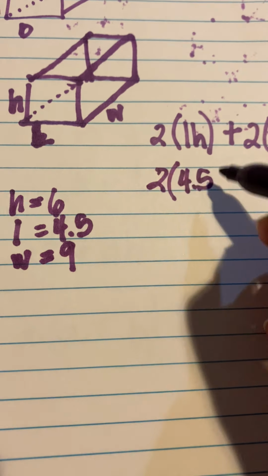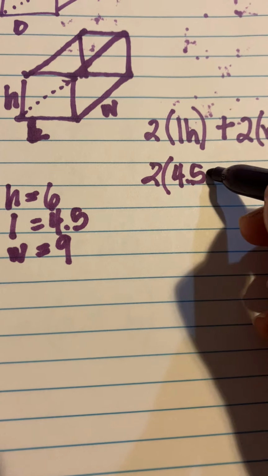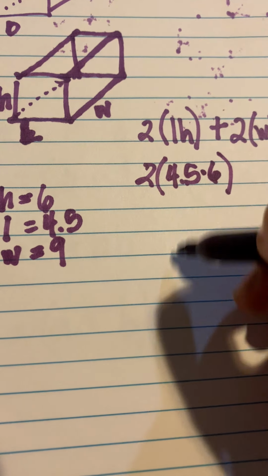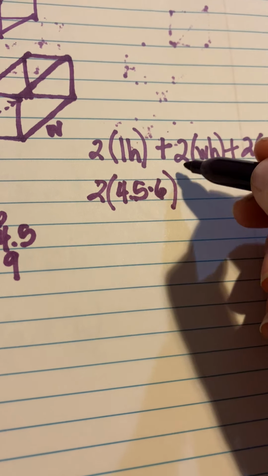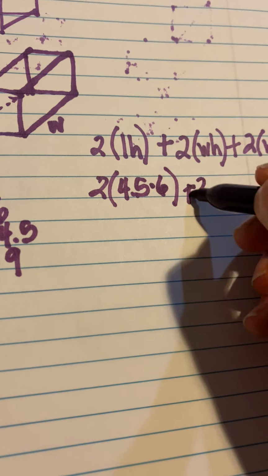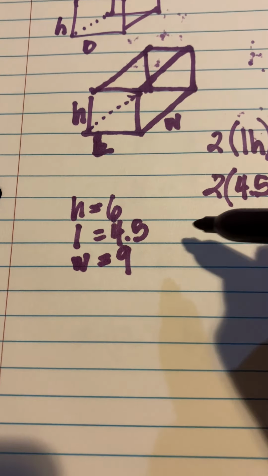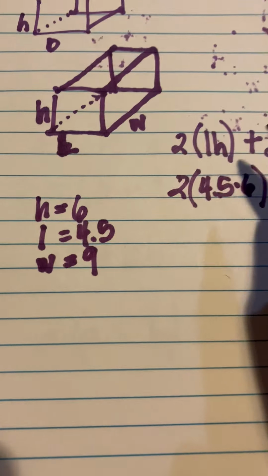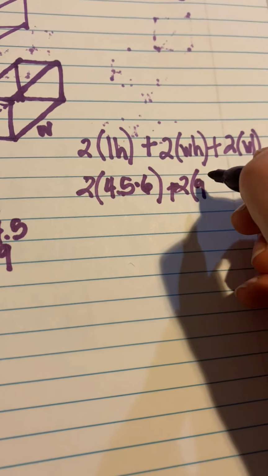And our height is 6. And then we'll work that out. Then we have to add that to 2 times our width. Our width is 9. And our height is 6.